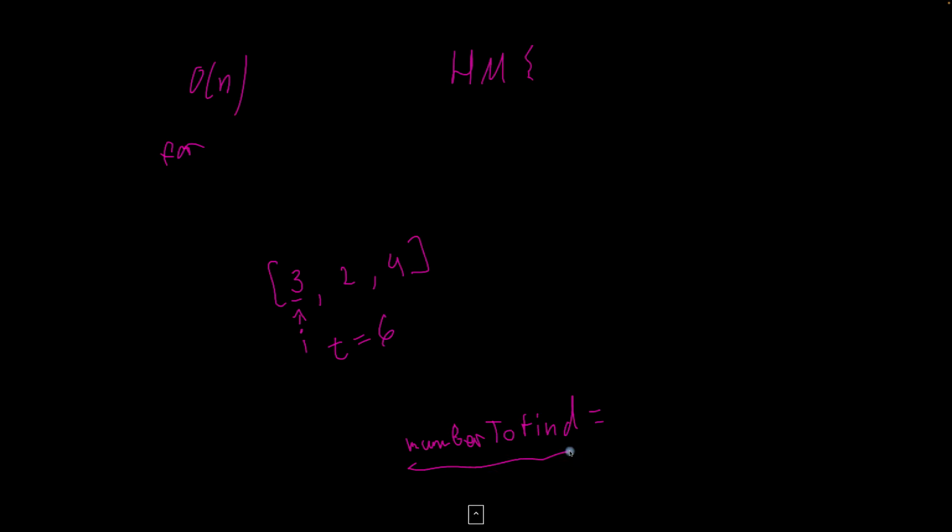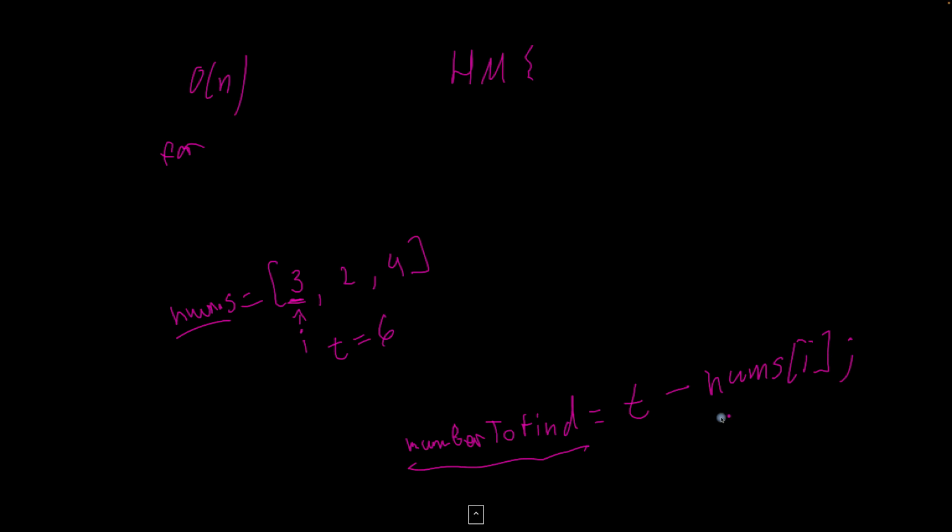NTF, we will abbreviate this by NTF. Our NTF is equal to the target value, which is 6, minus the current element we are standing on, which is 3, but if we say this is the nums array, this will be nums of I, right?